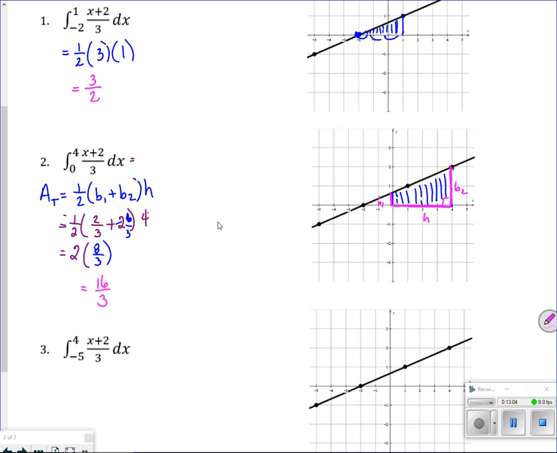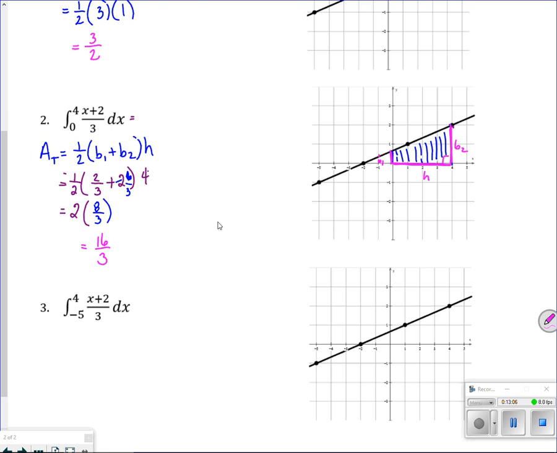All right, last one. This says -5 to 4. So I've got to go all the way here and then all the way here. Now, looking at that picture, is my answer going to be a positive or negative number?